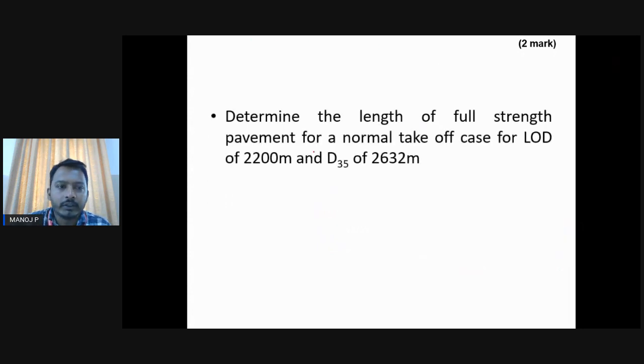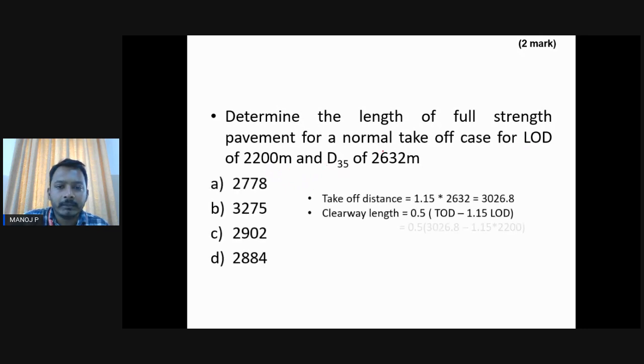Determine the length of full strength payment for a normal takeoff case for lift off distance of 2200 meter and takeoff distance. Same question, but asked in a different manner. The distance for takeoff of 35 feet is 2632. So clear way distance is 248.4.